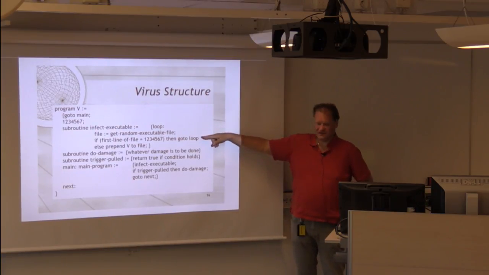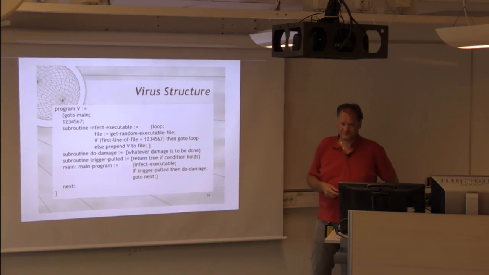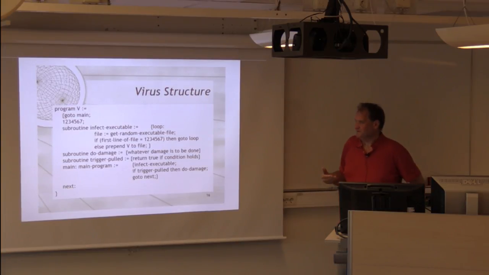Why are we doing this check here? So that we don't have several viruses in the same file. Yeah, exactly. If we have already contaminated a file with a virus, we don't want to do it again. There were some early examples of viruses that couldn't see that they had already affected a file, and then they added themselves time over time.